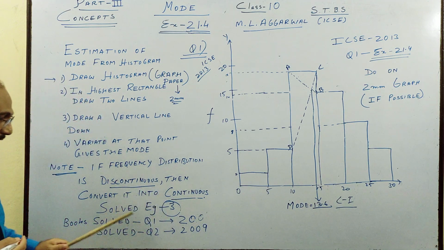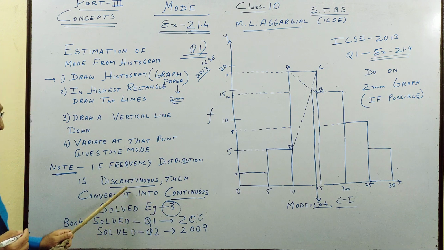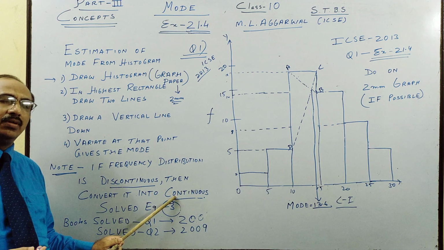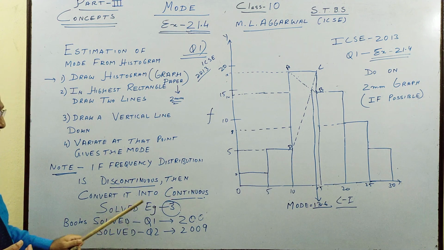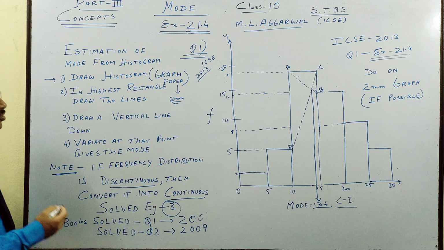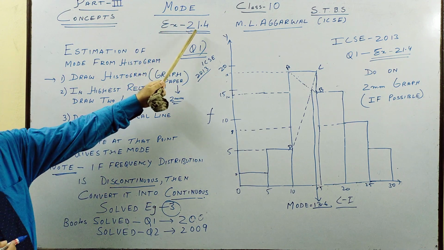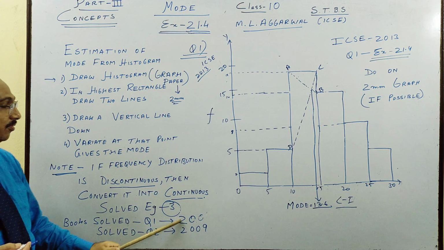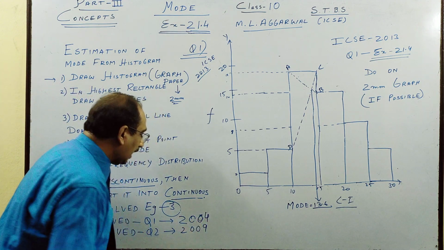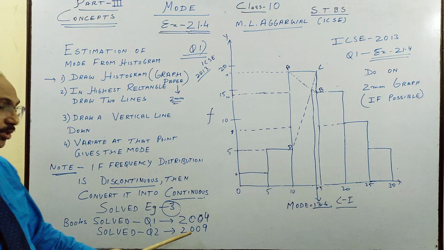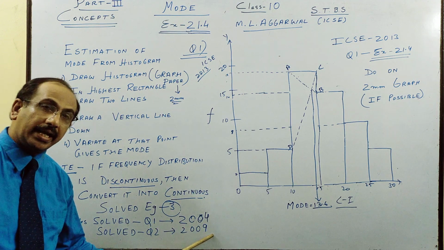Solved example 3 is very nice, where they teach you how to convert a discontinuous distribution into a continuous one by adjusting it on both sides. There are two very good solved examples in this exercise 21.4. Question 1 is a 2004 question, and question 2 is a solved 2009 question.